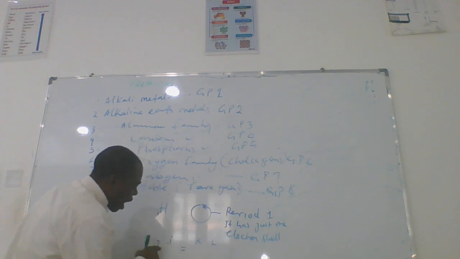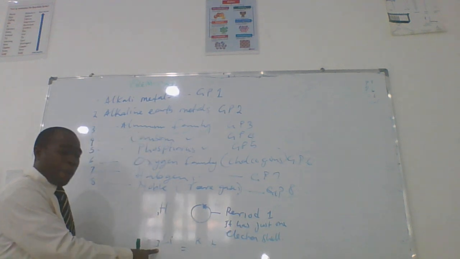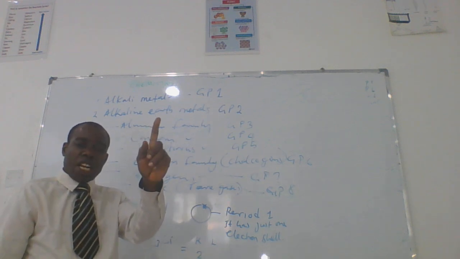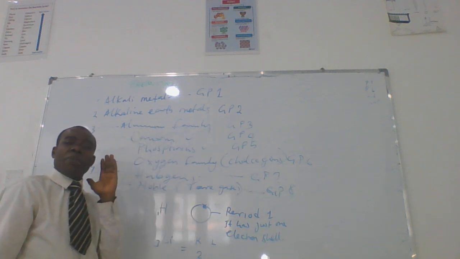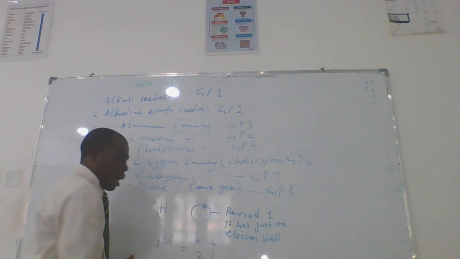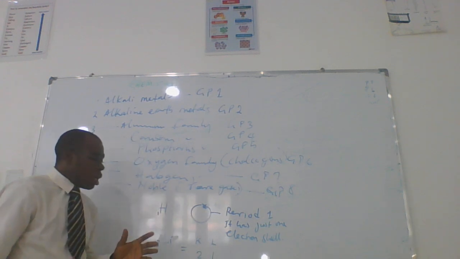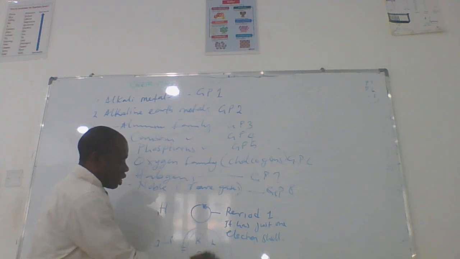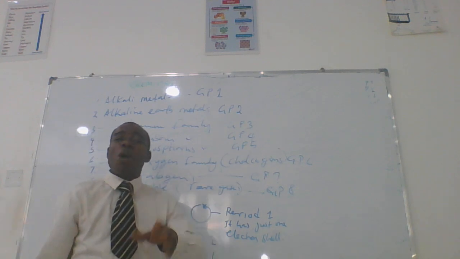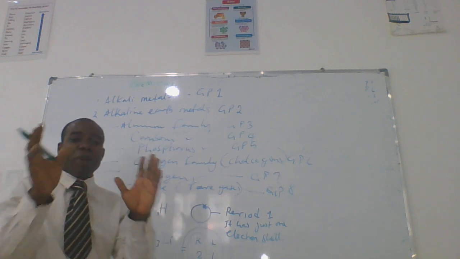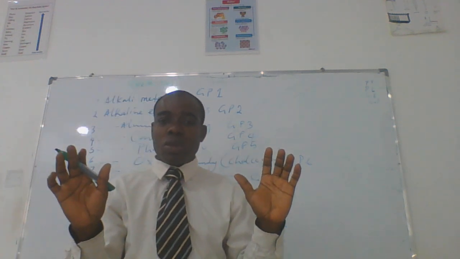Out of 3 electrons, I'm going to place 2 under the K shell, leaving just 1 electron. That remaining electron moves straight to the L shell. When you look at it, this is one shell, and this is another shell. Since lithium has 2 electron shells, we say lithium belongs to period 2.